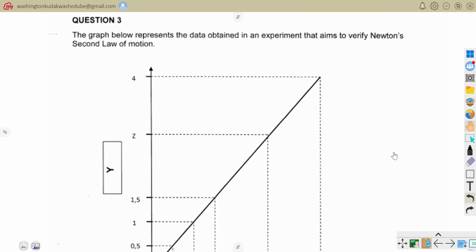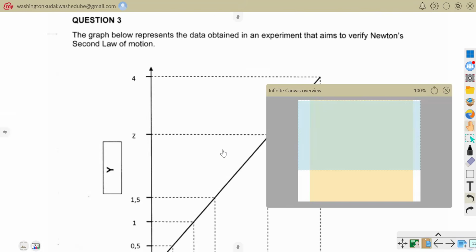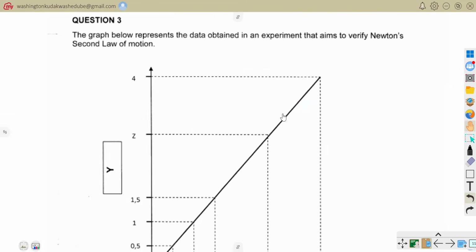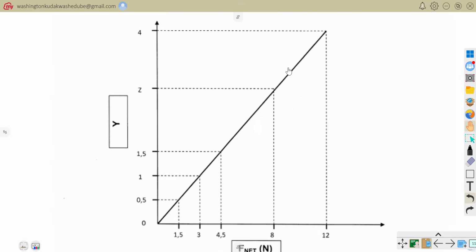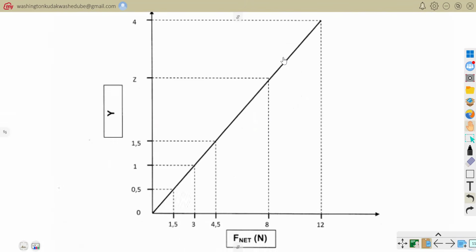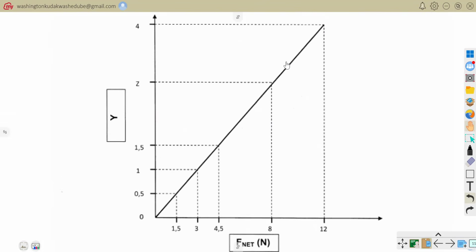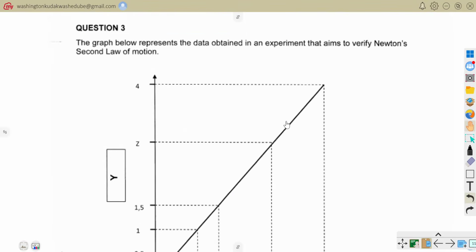Given that, this is the reason why I've brought these two questions, so that we can relate. So I want us to use the following question. They are saying the graph below represents the data obtained in an experiment that aims to verify Newton's second law of motion.